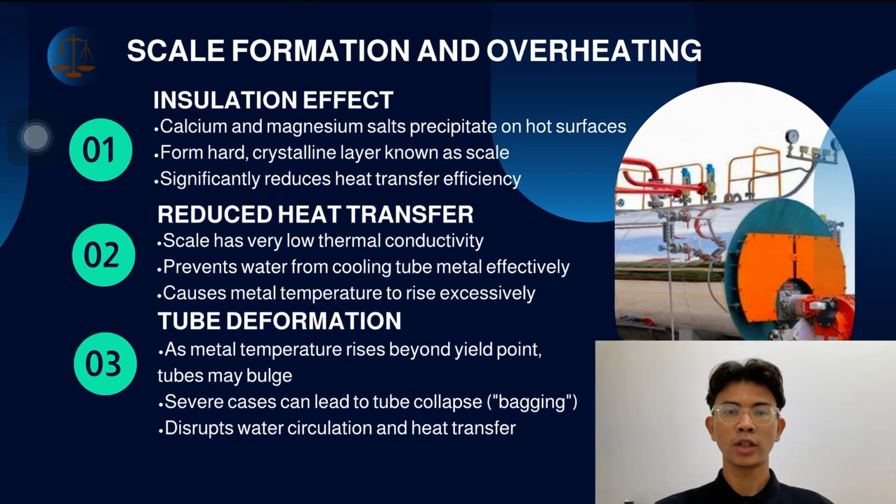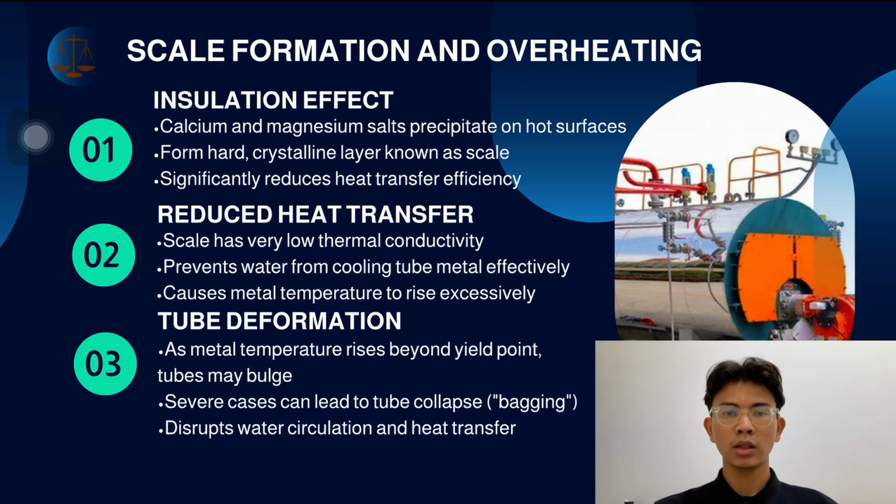Moving on to scale formation. Scale is formed when calcium and magnesium salts precipitate on a hot surface. The problem is the scale acts as an insulator. It has very low thermal conductivity.